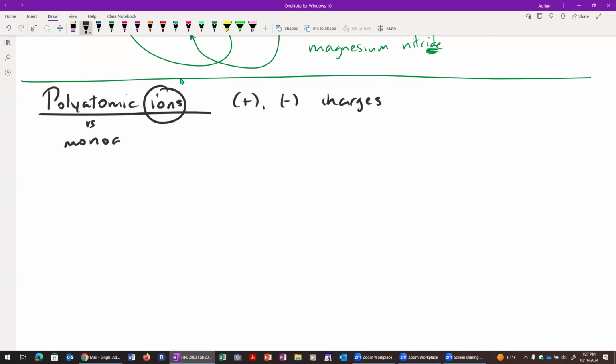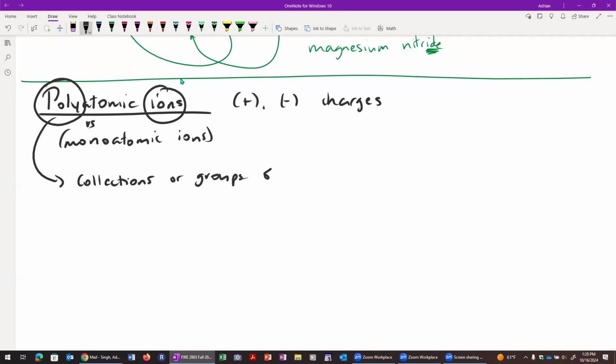The monoatomic ones were just for a single atom that had a charge. These are instead polyatomic. So what this means is these are collections of atoms or groups of atoms that have an overall charge.